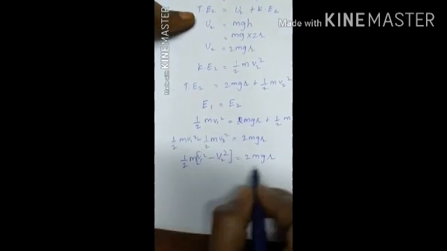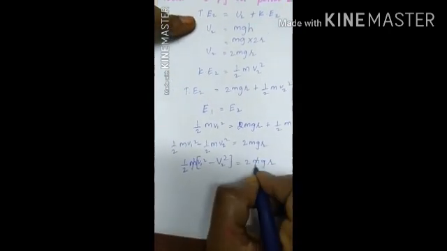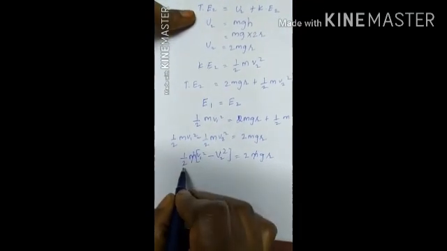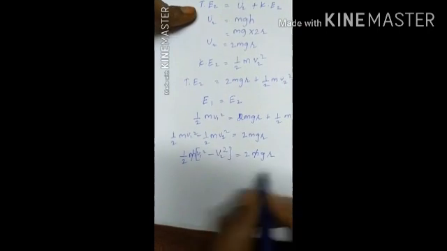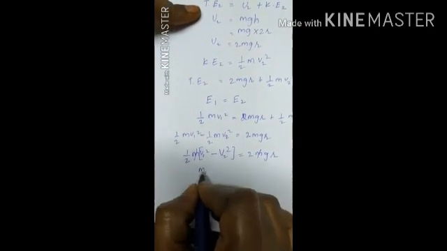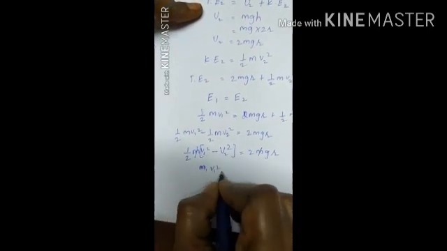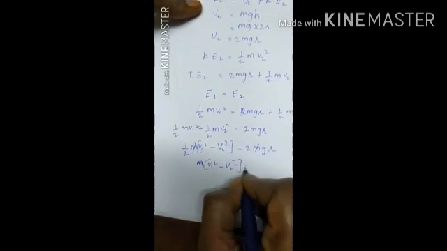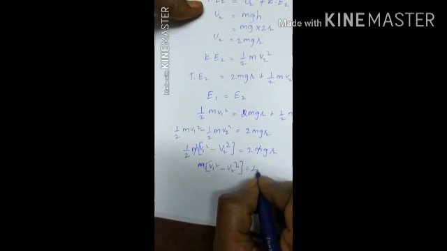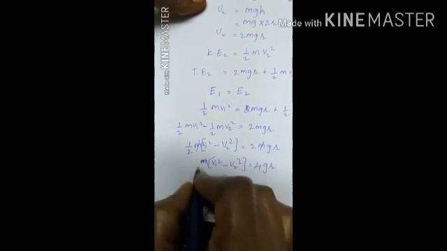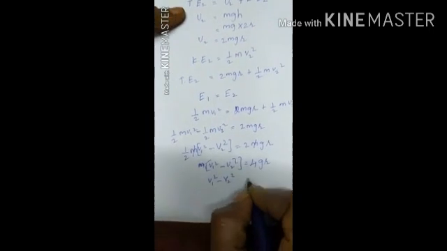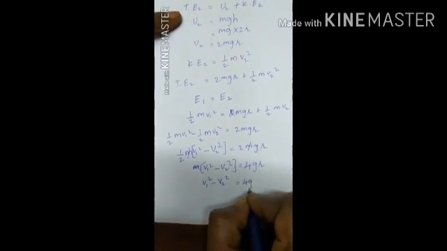Now we can cancel m and m. The 2 goes to the right side. So v1 squared minus v2 squared is equal to 2 times 2, which is 4gr. So v1 squared minus v2 squared is equal to 4gr.